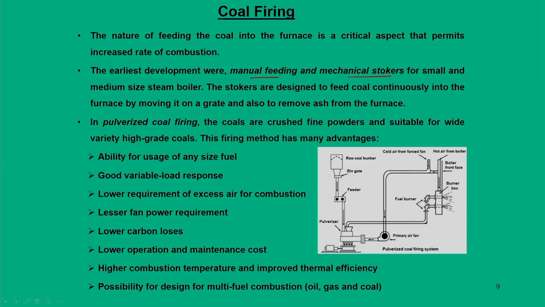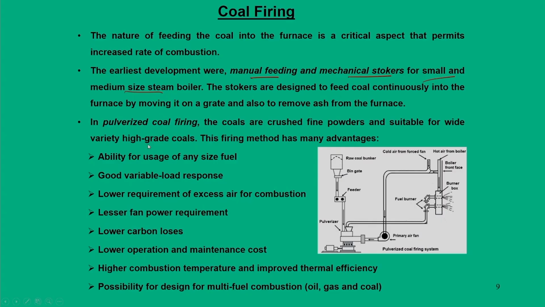That means manually we can feed smaller or medium size coal, and these stokers are designed to feed the coal continuously into the furnace by moving it on a grate and remove the ash from the furnace. But since this is not an effective way of coal firing, people started thinking of pulverized coal firing methods.